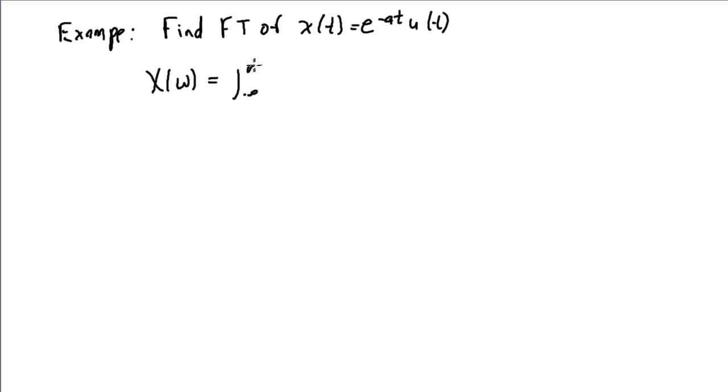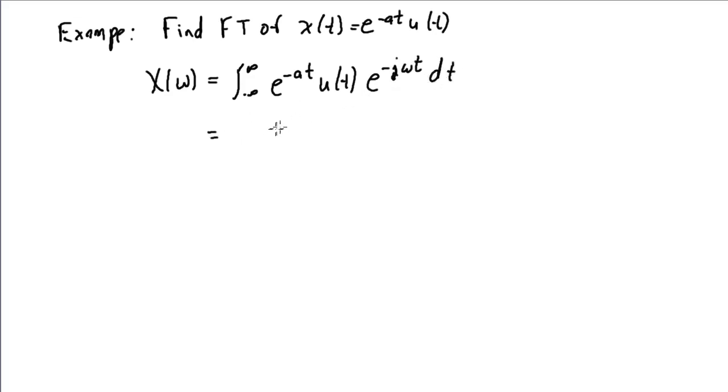to calculate the Fourier transform of a couple of simple functions. So let's first find the Fourier transform of x of t equals e to the minus a t times u of t, a causal decaying exponential, directly from the definition. We'll have the integral from minus infinity to infinity of e to the minus a t u of t times e to the minus j omega t dt.